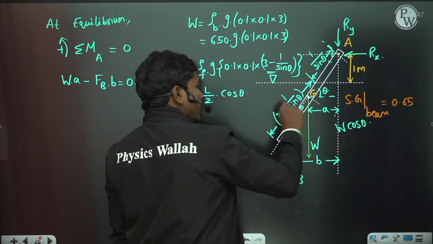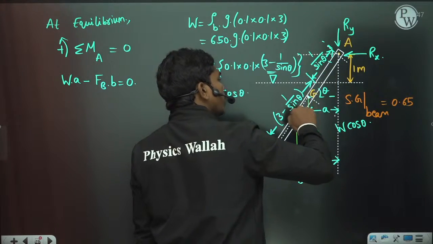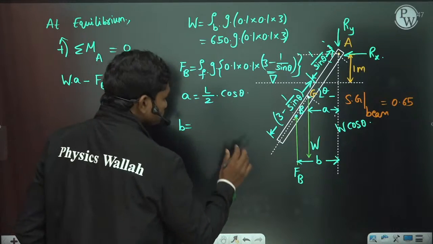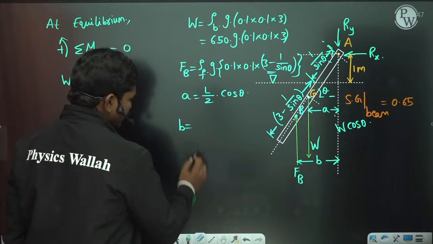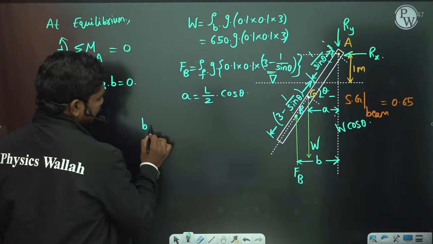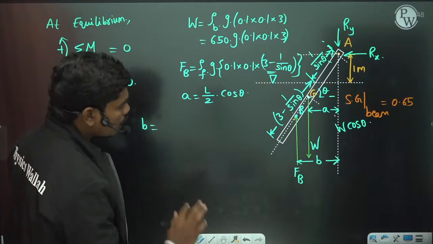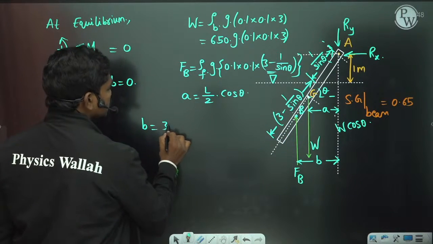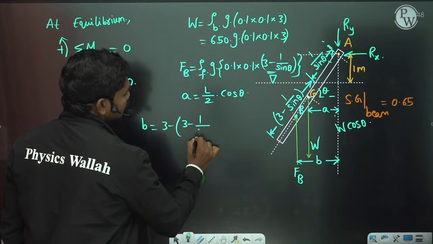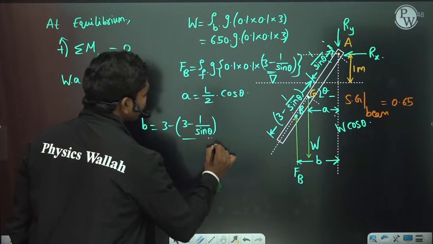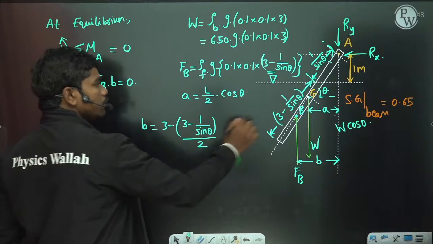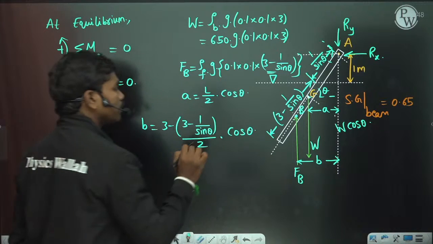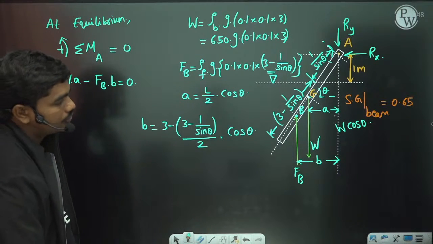If you subtract half of that, (3 minus 1 by sin theta) by 2, from 3, you will get this portion BA. That value times cos theta gives you this dimension B.